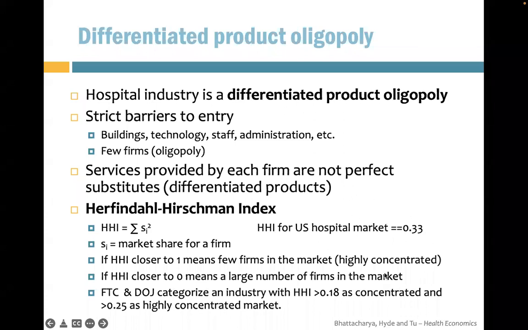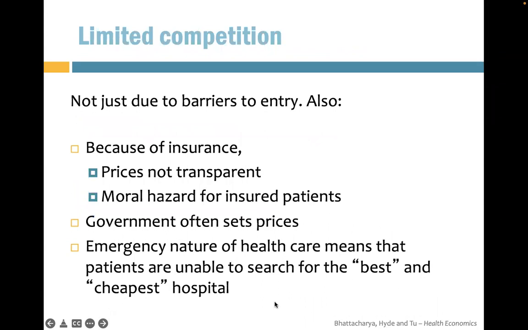So that concludes that US hospital markets are highly concentrated according to this rule. That leads to a limited amount of competition between hospitals. But that is not completely because of barriers to entry. It's also because of insurance.